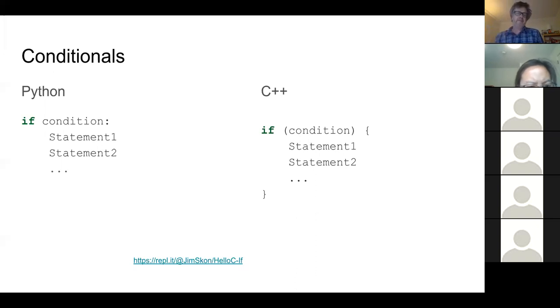If it's true, the code is executed. If it's false, it's not. Now notice though, the condition must be in parentheses. In Python, it can be in parentheses, but it doesn't have to be. Here it has to be. And then we have the statements inside of a matching pair of braces.